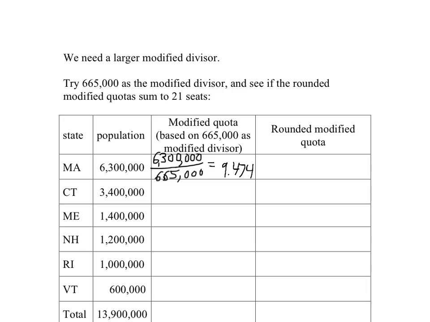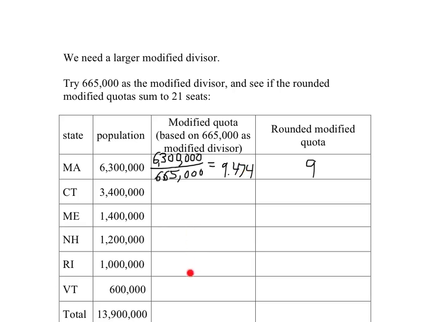That is the modified quota. Whereas Jefferson automatically rounded modified quotas down, Webster checks which is the nearest integer. In this case, that is 9, but he's checking the 9 point something to see whether the point something is less than 0.5 or whether it's 0.5 or greater. So the nearest integer here is indeed 9.